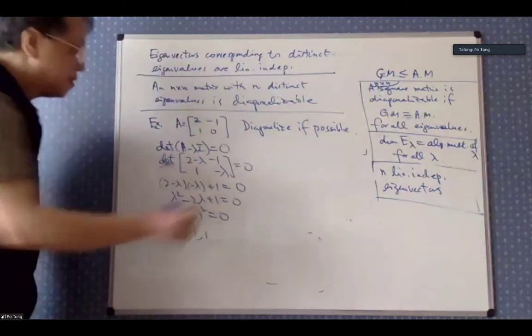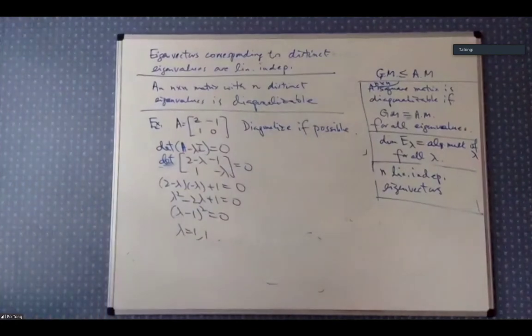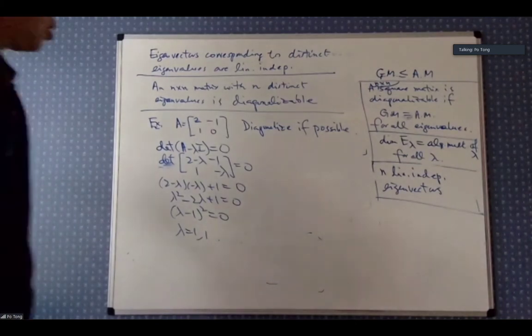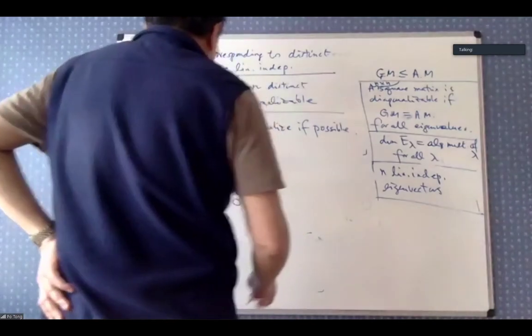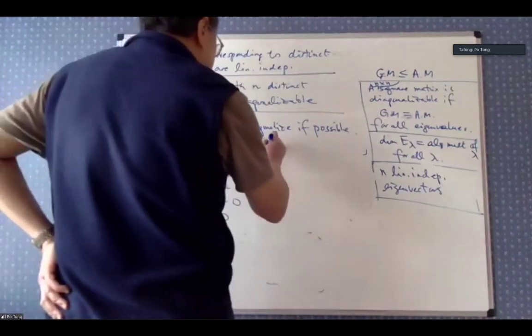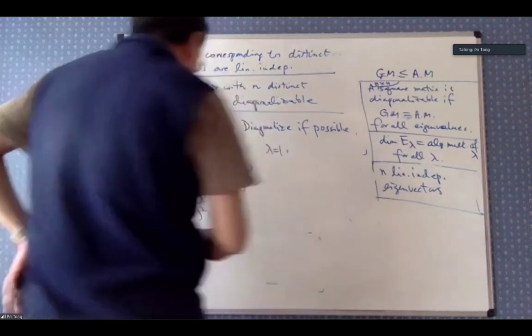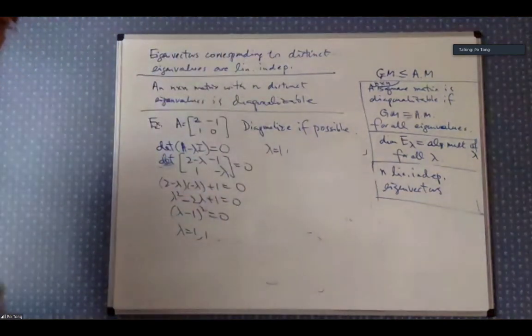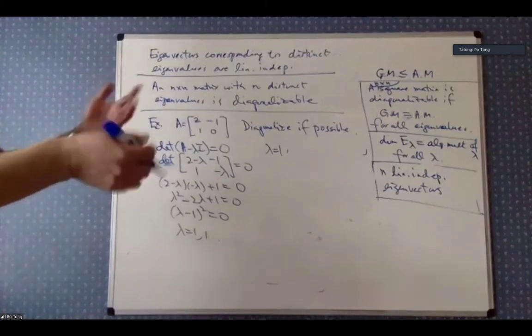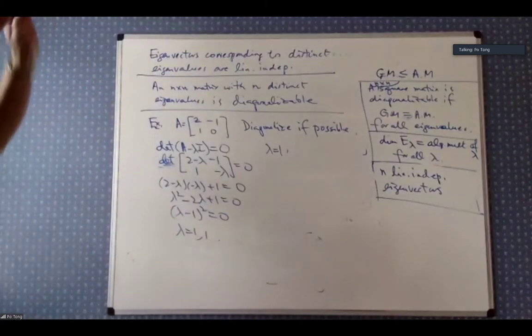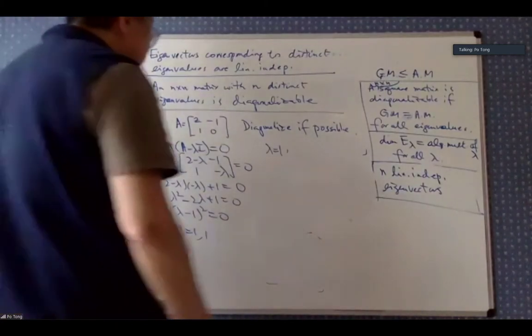It's okay? Lambda equal to 1 and 1. The algebraic multiplicity is 2. So we're going to try to find 2 linearly independent eigenvectors.